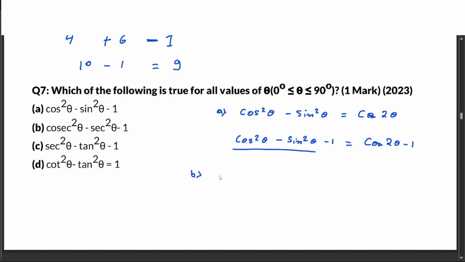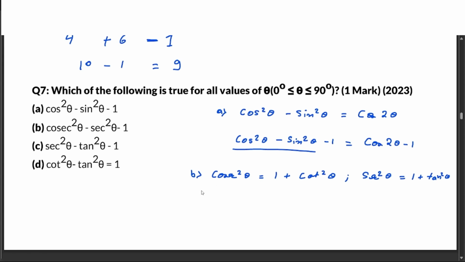Now coming to option B. Option B says cosec square theta minus sec square theta minus 1. Here we can also follow the identities: cosec square theta is equal to 1 plus cot square theta, and another identity, sec square theta is equal to 1 plus tan square theta.